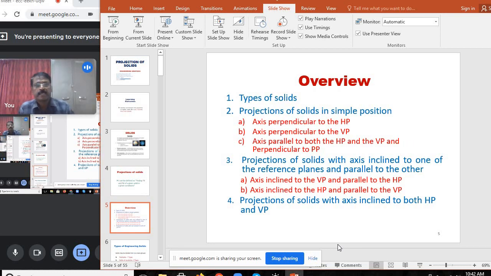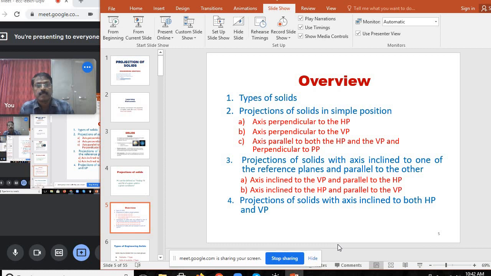Overview of my presentation: we are going to describe the types of solids, then projection of solids in simple position. With respect to simple position, there are three different conditions: the axis of the solid perpendicular to the HP, the axis of the solid perpendicular to the VP, and the axis of the solid parallel to both the HP and VP and perpendicular to the PP, or profile plane.